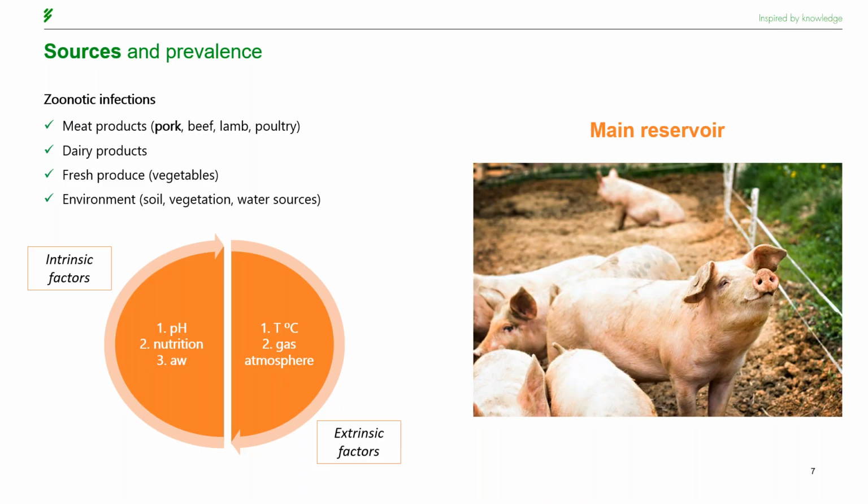So the tolerance of these microorganisms to higher pH values is of little importance for its survival. However, at very low pHs, its growth can be slowed down or even inhibited, depending on the acid. Yersinia is not a demanding organism when it comes to nutrition, so that's another plus for Yersinia.